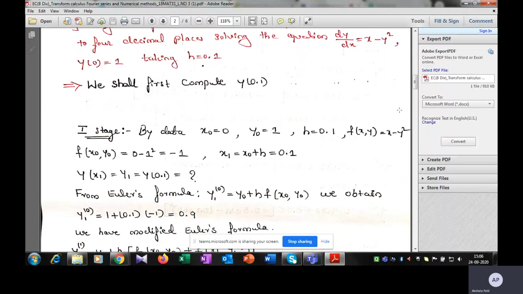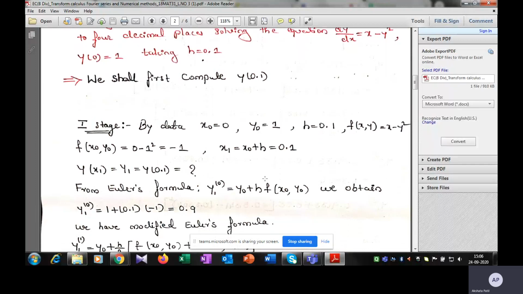X means x naught value is 0 here, y means y naught value is 1. So 0 minus 1 square, we will get f of x naught comma y naught value as minus 1.